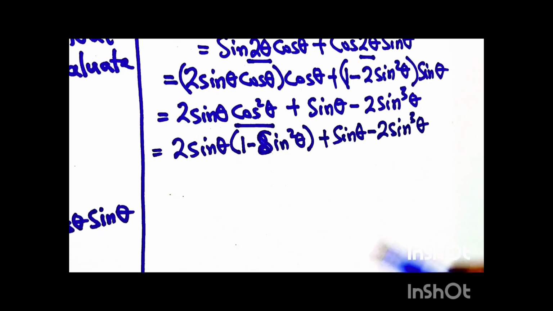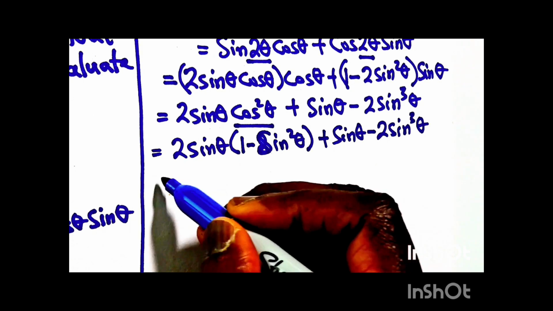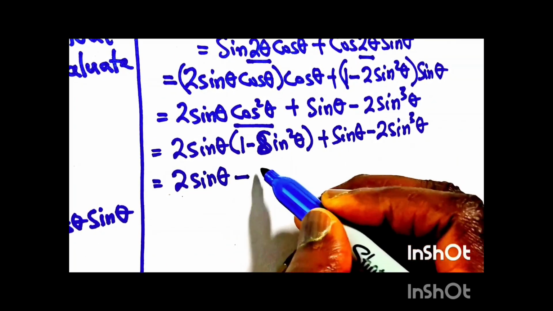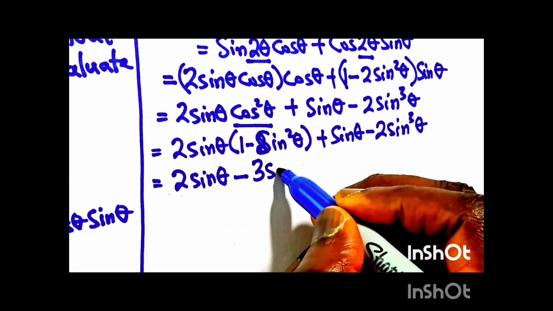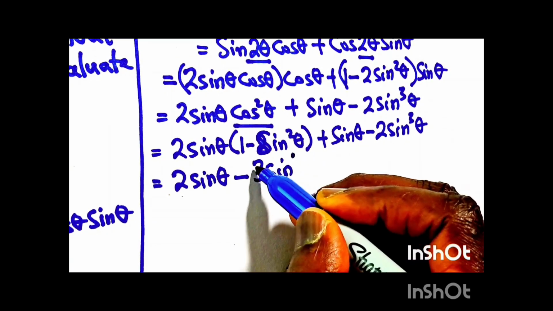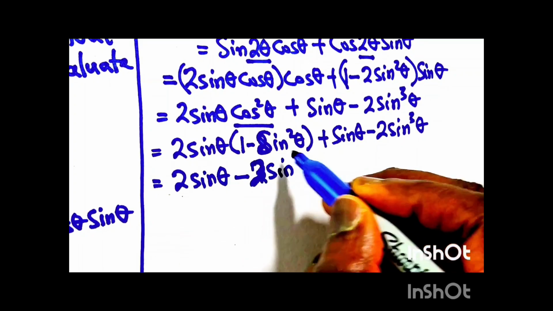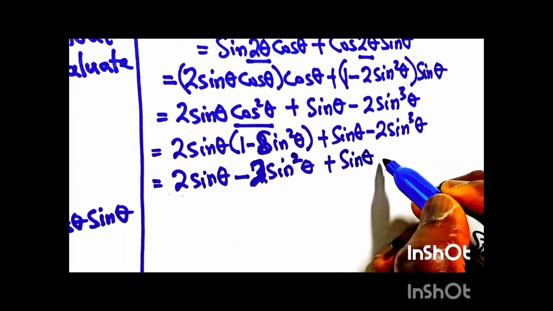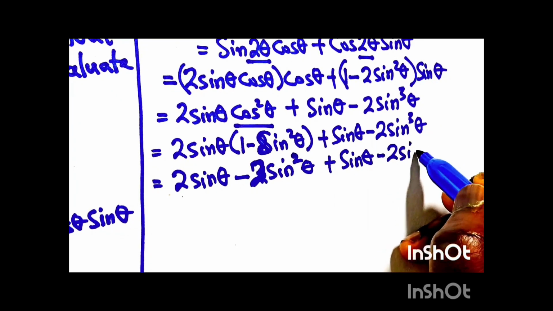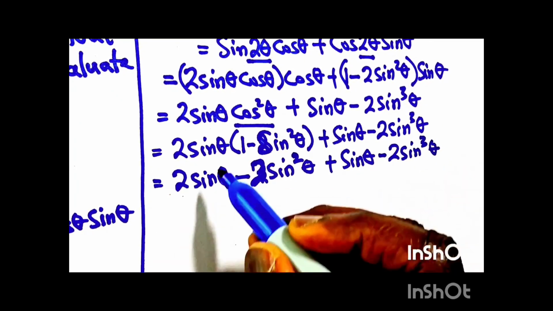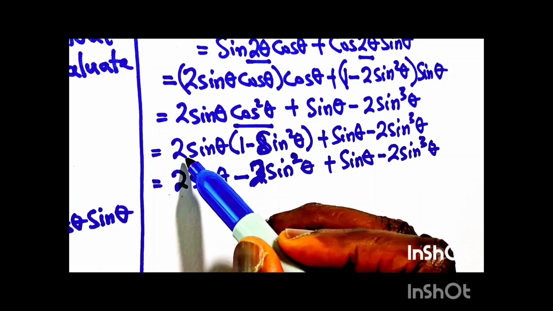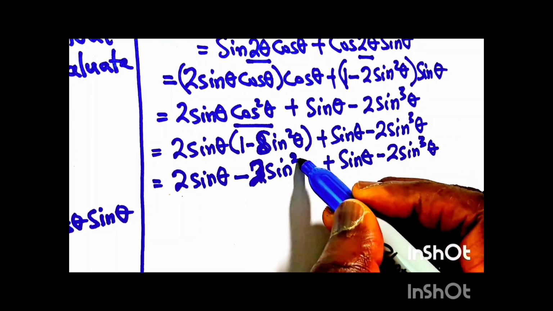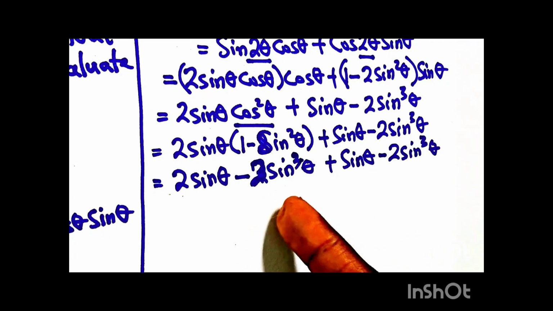Fine. So we can then expand this. And if we do the expansion, we're going to have 2 sine theta minus 2 sine cubed theta plus sine theta minus 2 sine cubed theta.